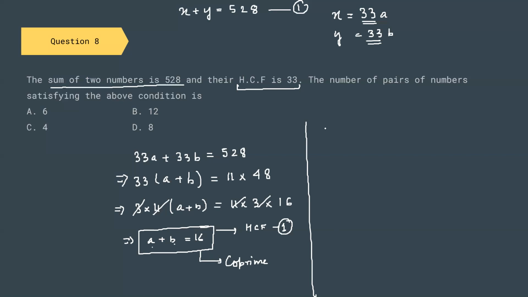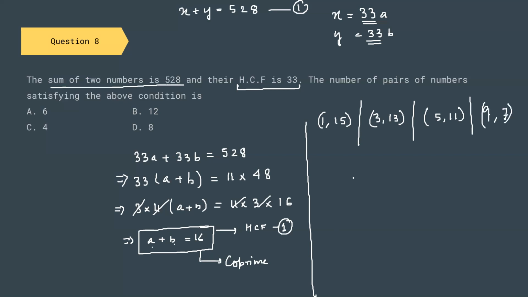So the possible pairs are 1 comma 15. HCF of 1 and 15 is 1. Another pair possible is 3 and 13, again co-prime. Then another pair possible is 5 and 11, again co-prime, and another pair possible is 9 and 7.